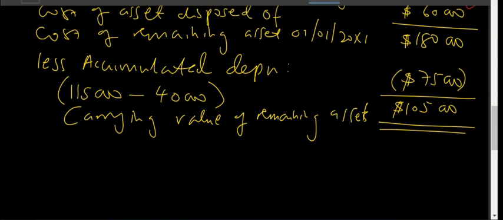Now, what is the depreciation charge for the year?